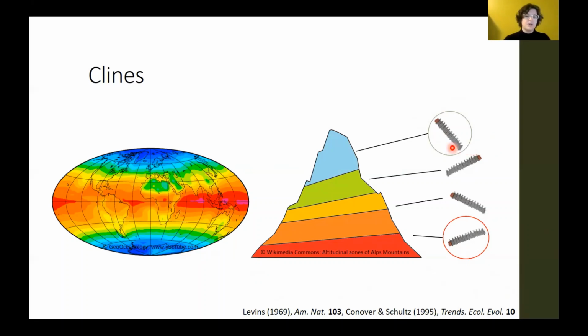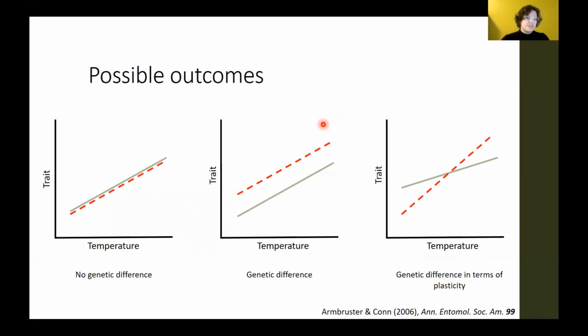So we just grow them under different temperatures. There can be a few different outcomes. First of all, it could be that they do respond to the temperature, for example, by growing faster at higher temperatures compared to the low temperatures, but there is no difference between the populations, so no genetic difference.